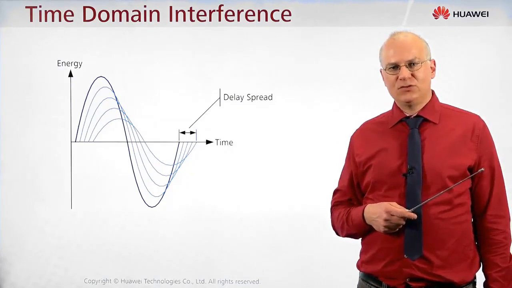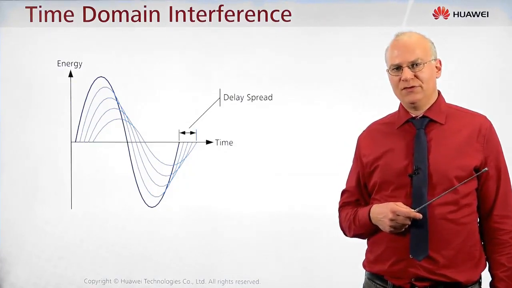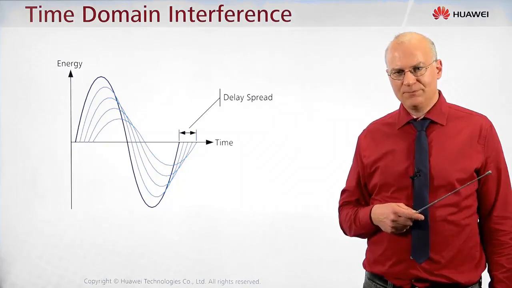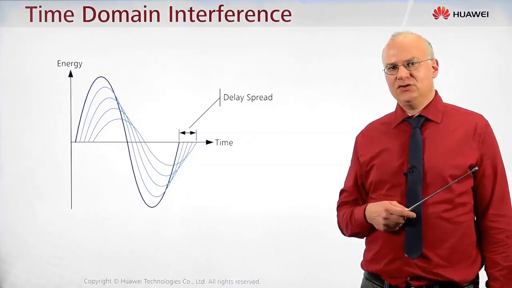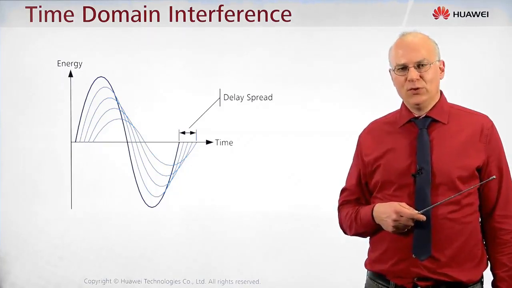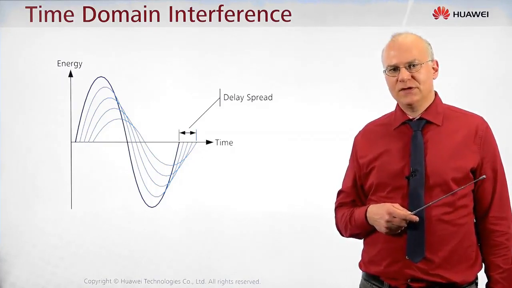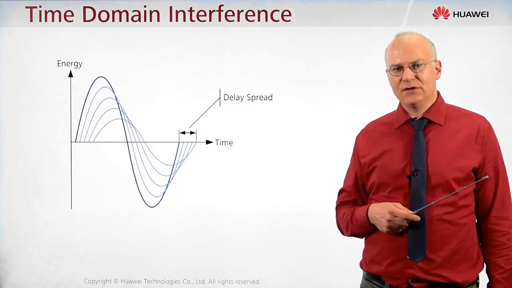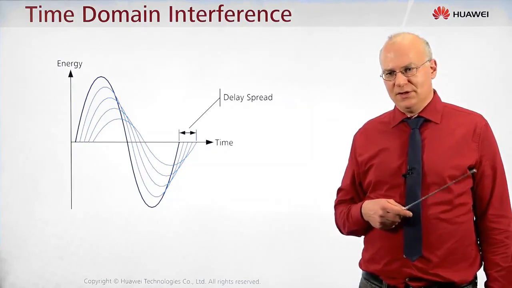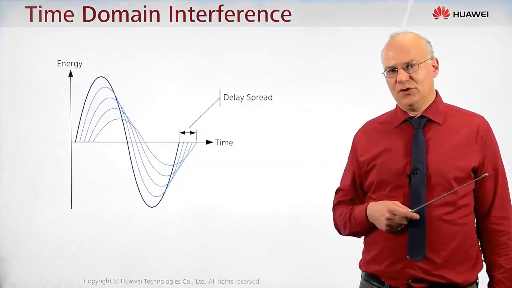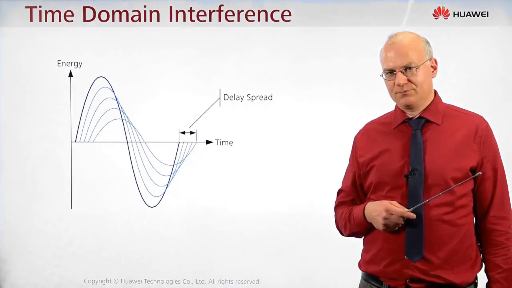So this leads to a distortion of the signal, and in GSM we have to use a training sequence and equalizers to reconstruct the original signal.